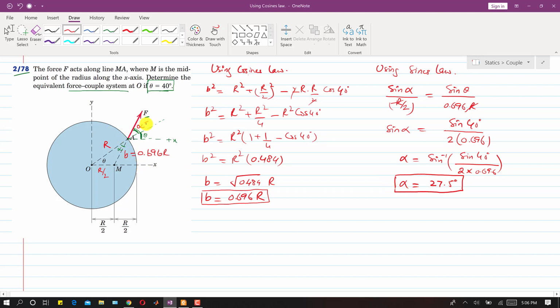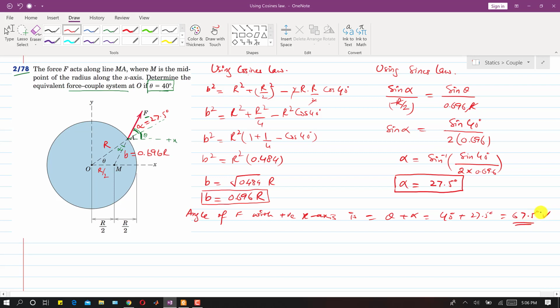So now we know this alpha angle, which is equal to 27.5 degrees. Now what will be the angle of this F with the positive x-axis? The angle of F with the positive x-axis is equal to theta plus alpha, which is 40 degrees plus 27.5 degrees, so this should be equal to 67.5 degrees.